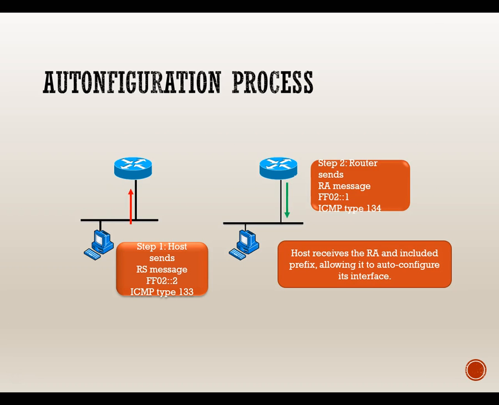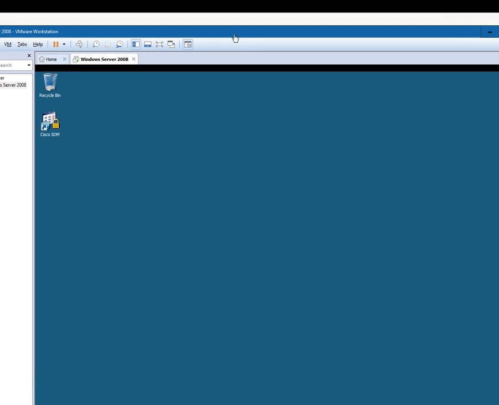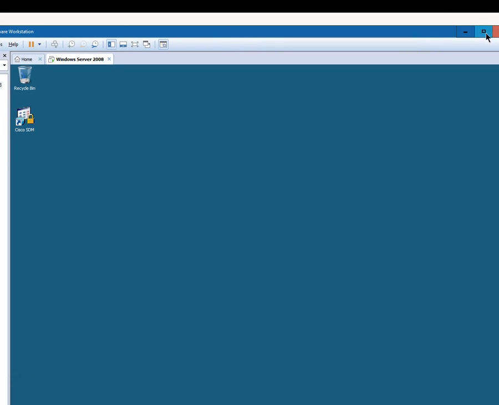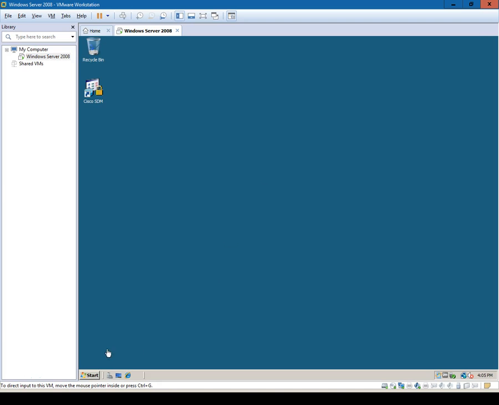Microsoft broke IPv6 in Windows 10, so I can't do it. I have a virtual machine here. Let me drag this over. A Windows Server machine that actually will work.